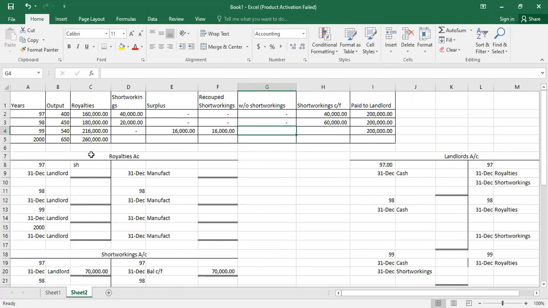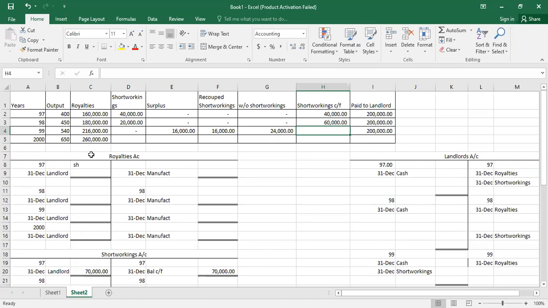Year 98 is yet. So that is going to be 24. Yes, it should be 24. So our carried forward will be 24.